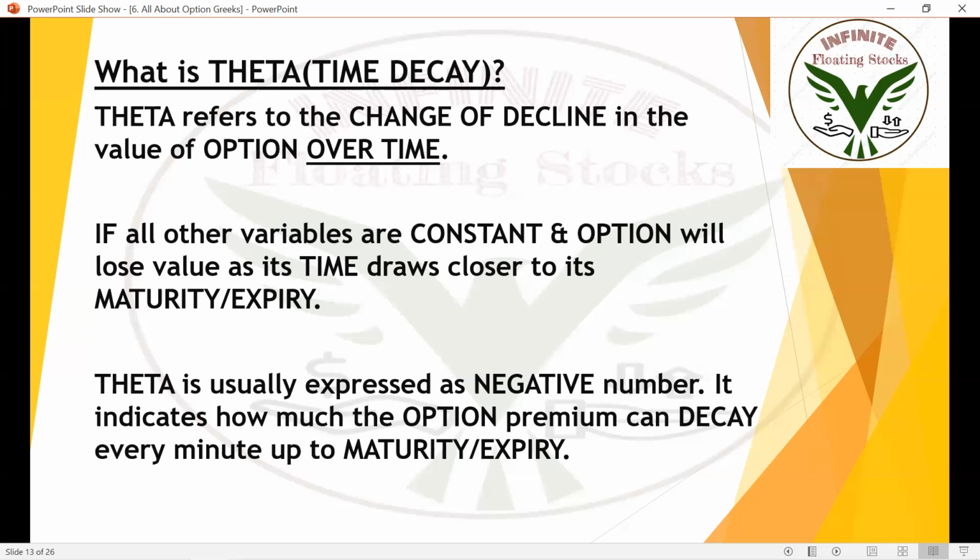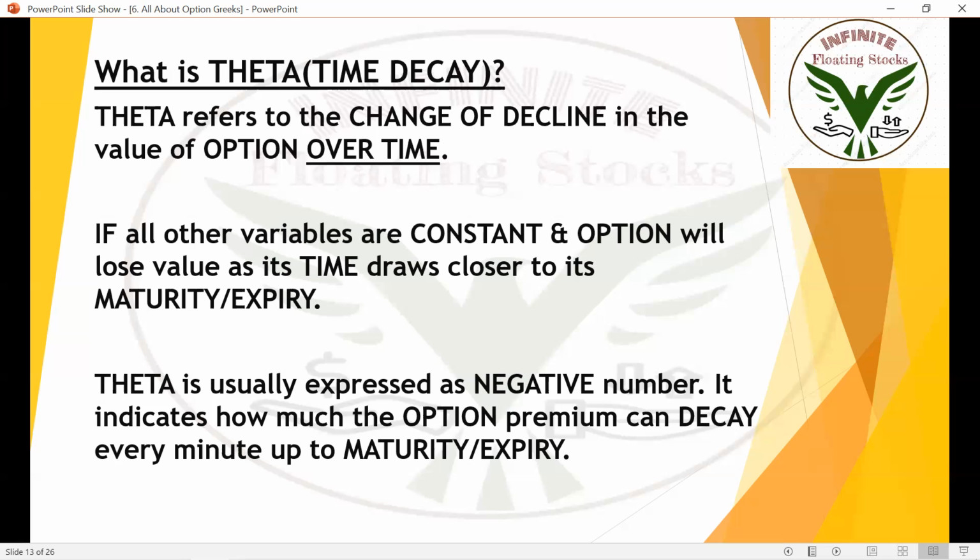There will be some deductions. In a similar way, option premium will decrease in time. For example, on Monday, if option premium is 80, on Tuesday it will be 64.